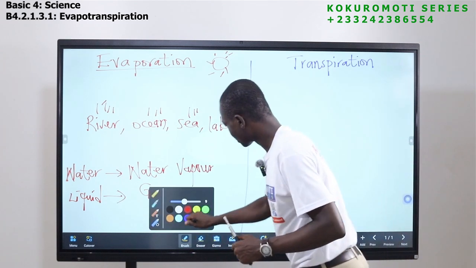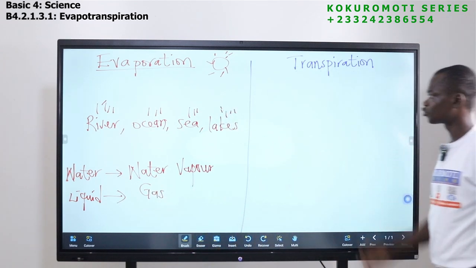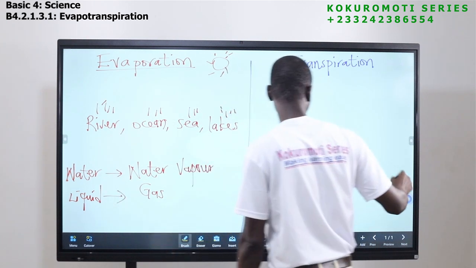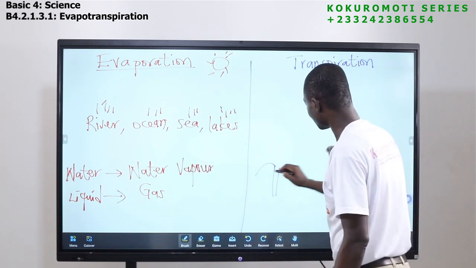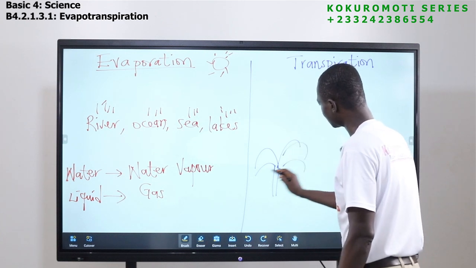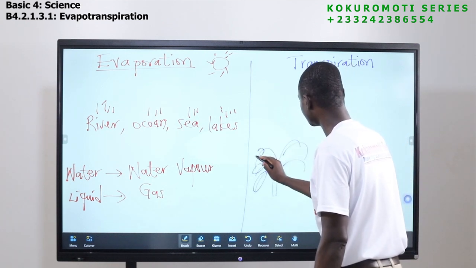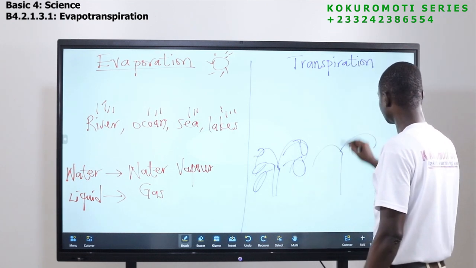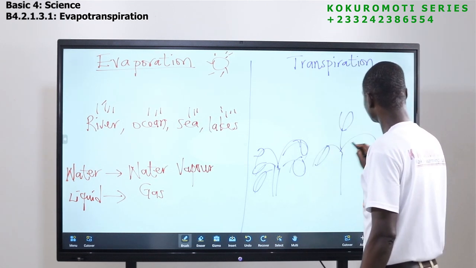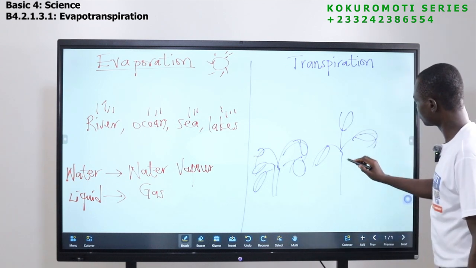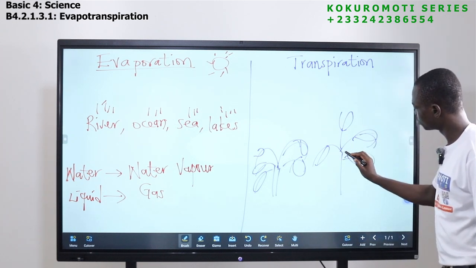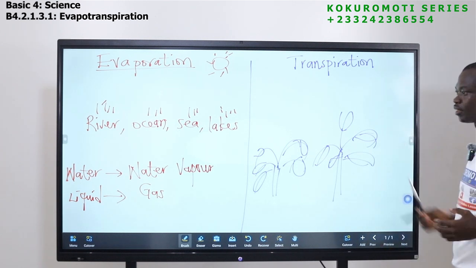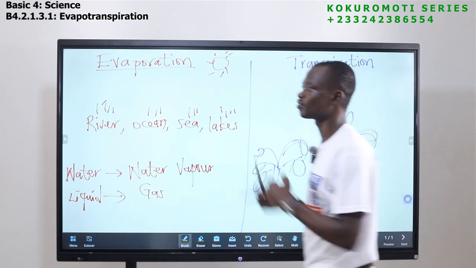Let's come here. Transpiration. I've told you that among the things we have around us, we have water bodies, and we also have plants. We have different plants here. Look at their leaves: mango, orange, pawpaw, cassava.